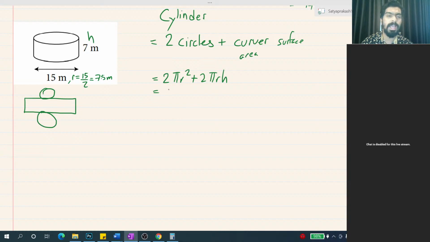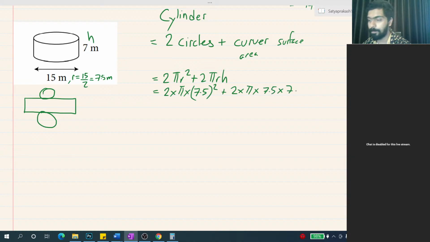So what we have here is 2 multiplied by pi multiplied by 7.5 to the power of 2, plus 2 multiplied by pi multiplied by 7.5 multiplied by 7. Good job, Pat, it is 7.5.